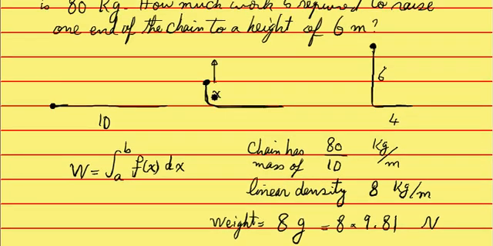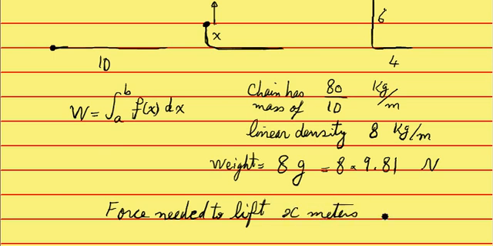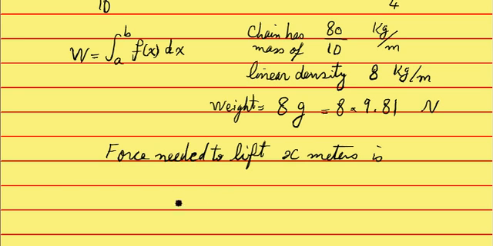Now, if you have lifted up x meters of this, for each of those meters you have to counter this much weight, and for x meters you have to counter x times that. So the force needed to lift x meters is F equal to x times 8g.